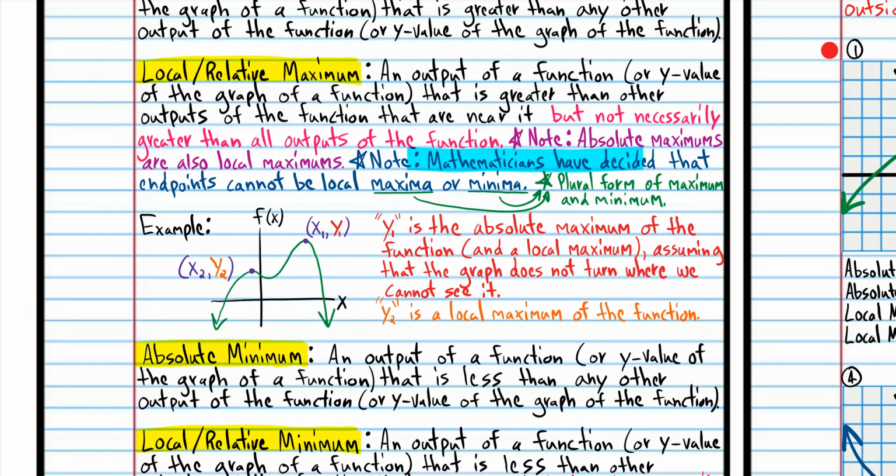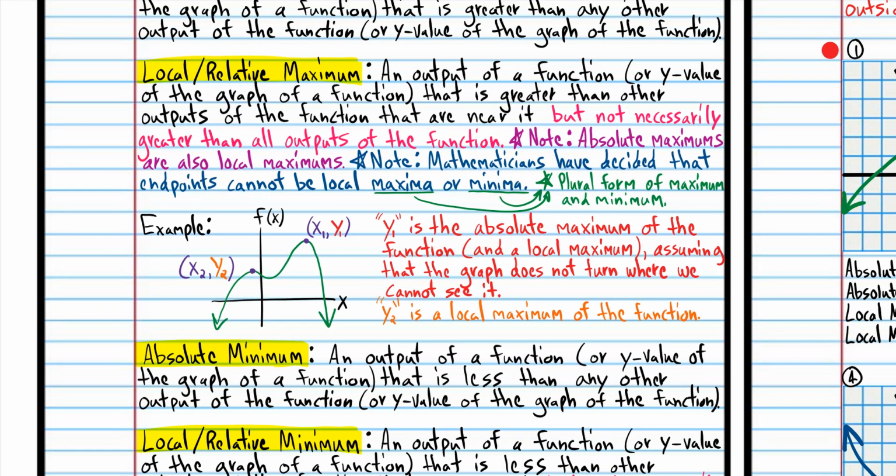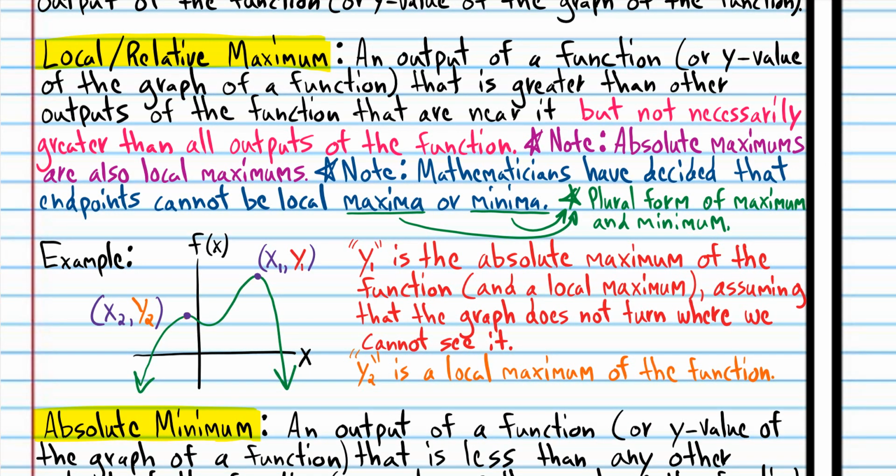Also, mathematicians have decided that endpoints cannot be local maximums or minimums. We'll talk about what that means later on. Maxima and minima are the plural forms of the words maximum and minimum.